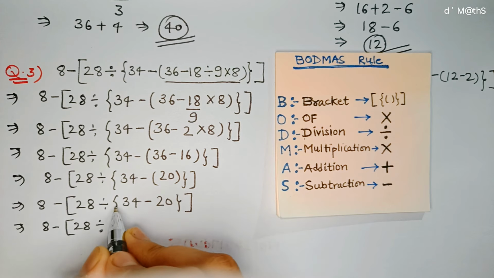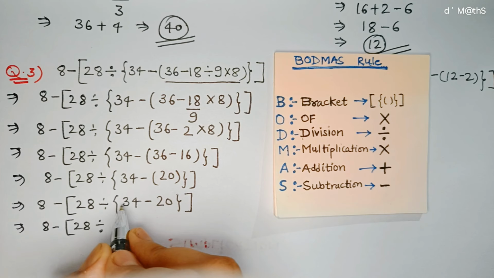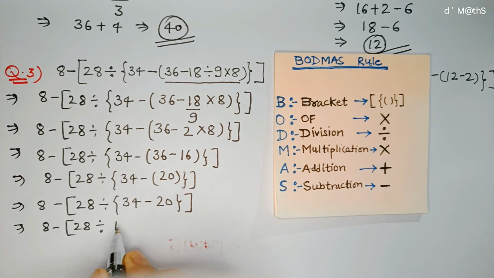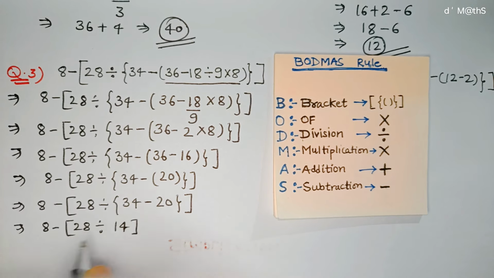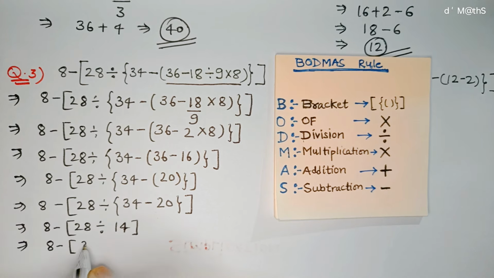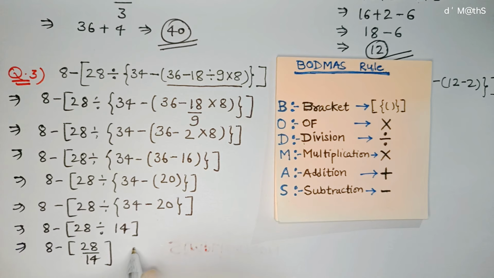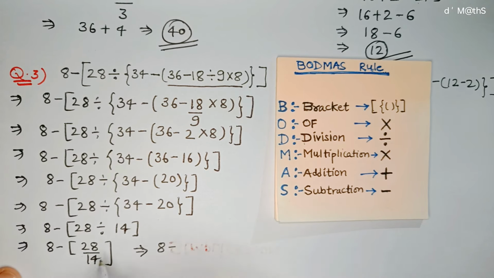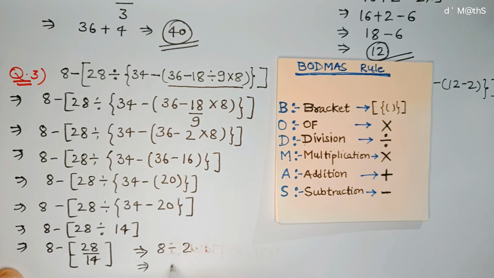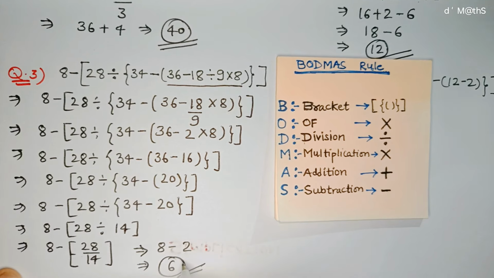So 34 minus 20 will be only 14. Then the big bracket, again 8 minus 28 divided by 14. 28 divided by 14 will be 2. So 8 minus 2 is equal to 6. 6 is your answer.